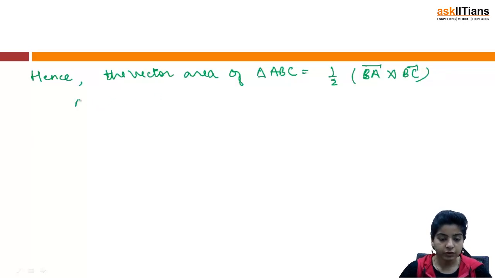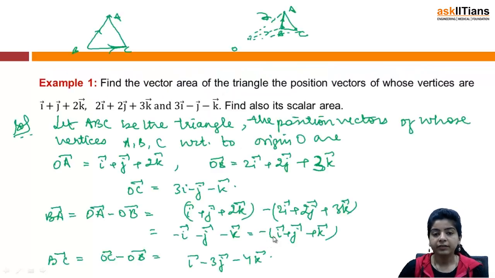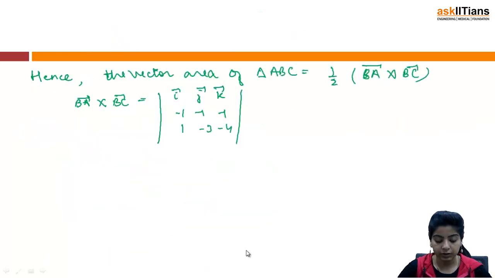So first of all, I try to find out the cross product of BA and BC, that is BA cross BC would be equal to, again using properties, the determinant with i, j, k vectors, then the components of BA followed by the components of BC in the third row. So then I have minus 1, minus 1, minus 1 and 1, minus 3, minus 4. We had obtained minus i minus j minus k as BA and i minus 3j minus 4k. So this is what we get.